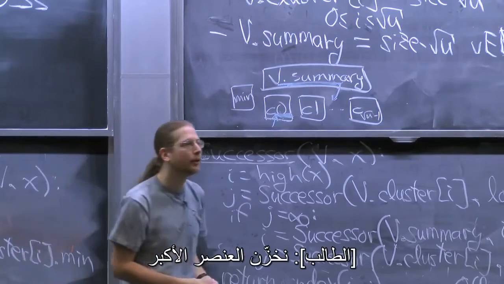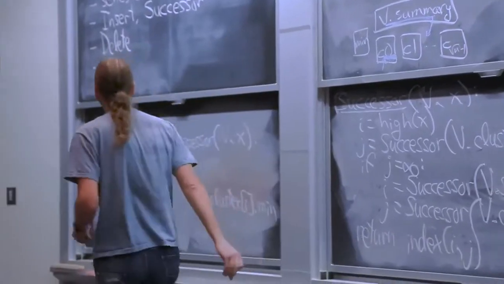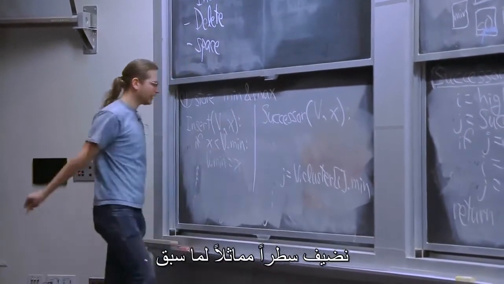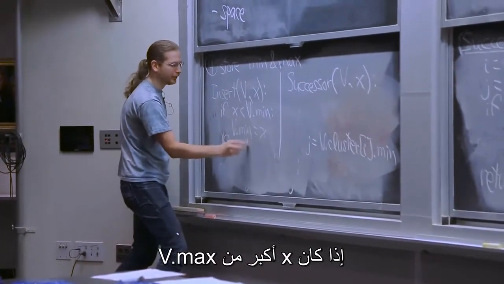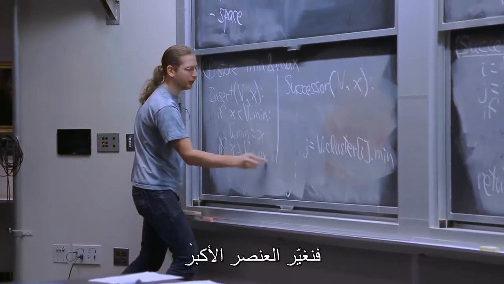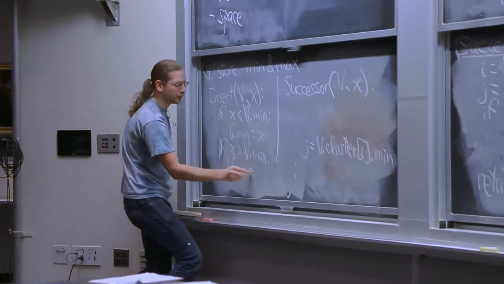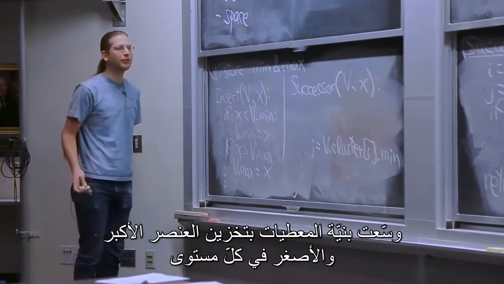Store the max. Store the min and the max. Why not? I just need a similar line here. If x is bigger than v.max, change the max. So now I've augmented my data structure to have the min and max at every level.